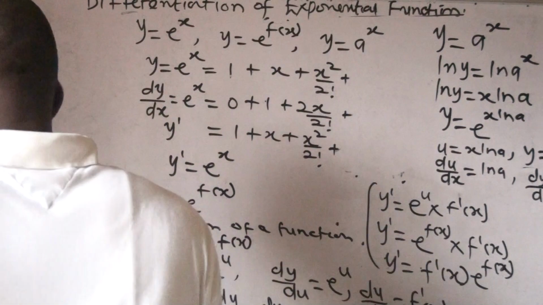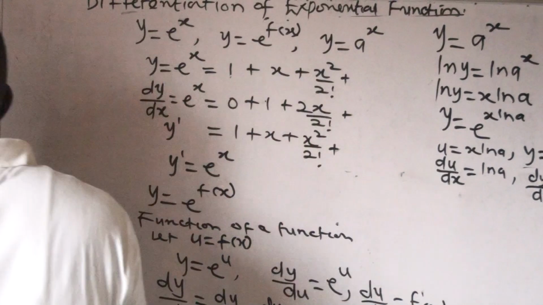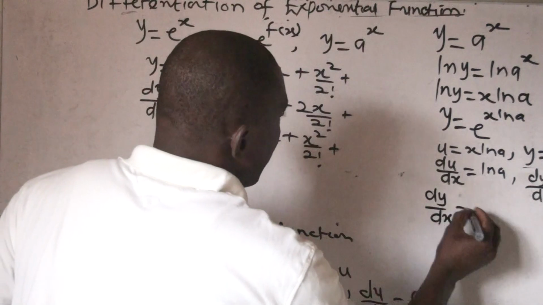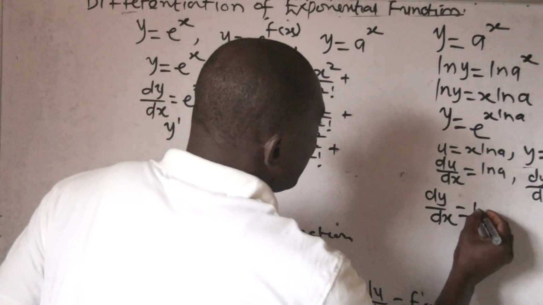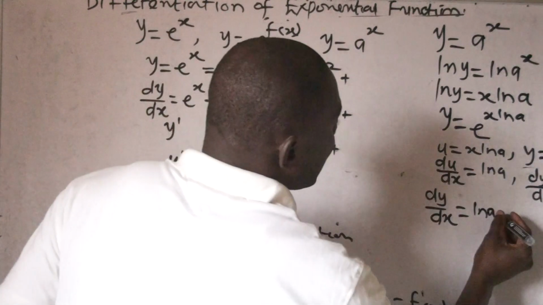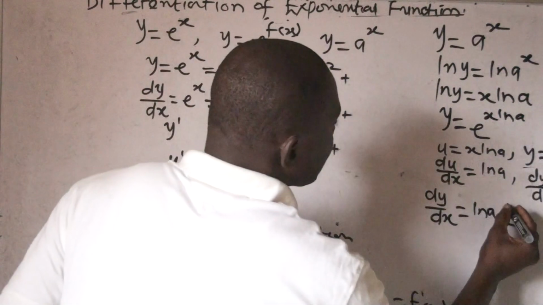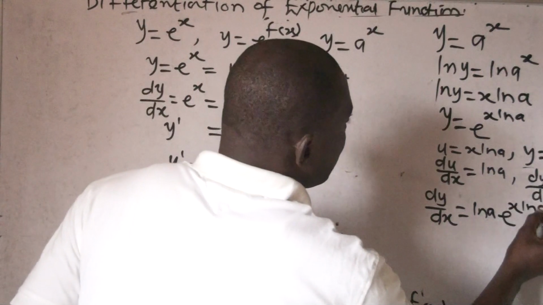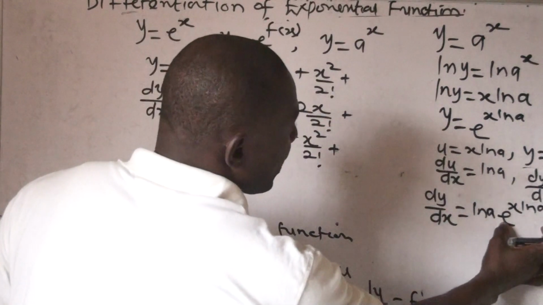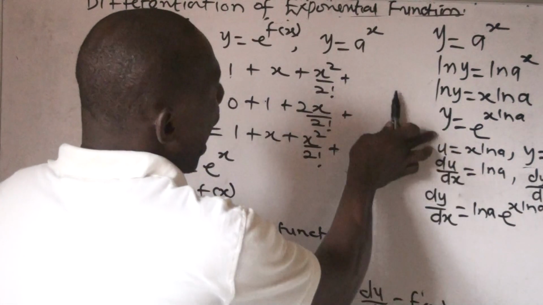Then the next step is we aggregate this term, so that our dy/dx will become ln a, which is du/dx, times e raised to the power u, and our u is x ln a. Okay, and it will not end there. If you recall, e raised to the power x ln a is equal to y, isn't it?